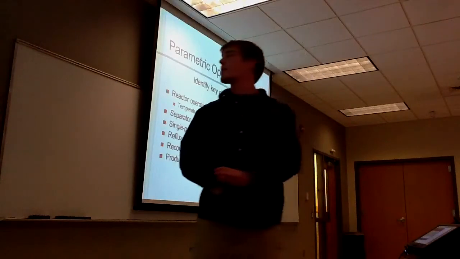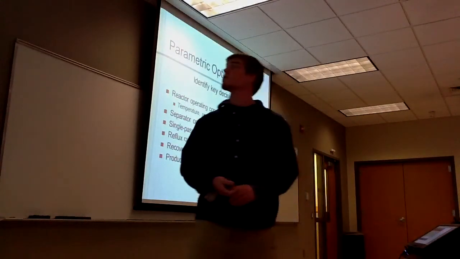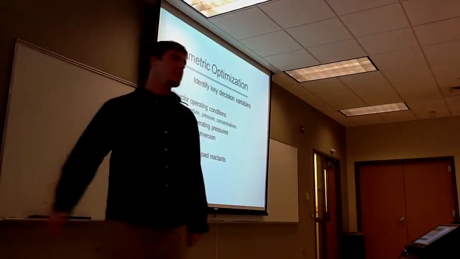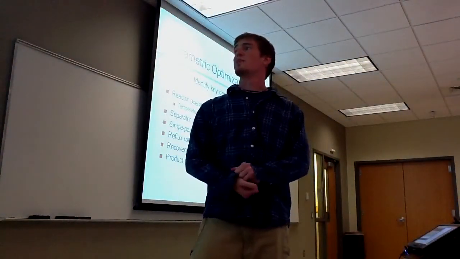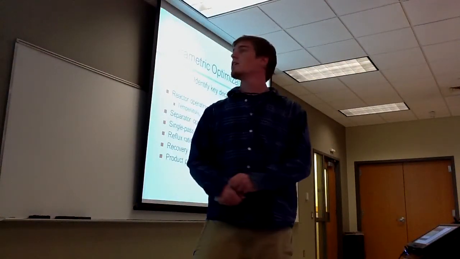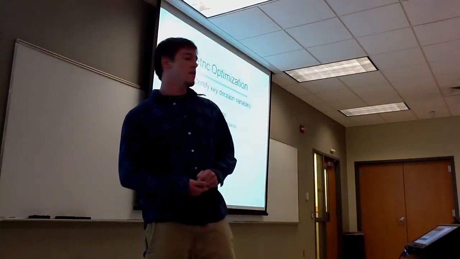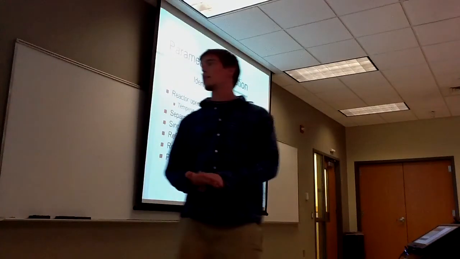So, parametric optimization. The first step is to identify the key decision variables. And those could be reactor operating conditions, as mentioned earlier, such as temperature, pressure, and concentrations. They could also be separator operating pressures, or single pass conversion values, or reflux ratios, and then trying to recover unused reactants and product purity.